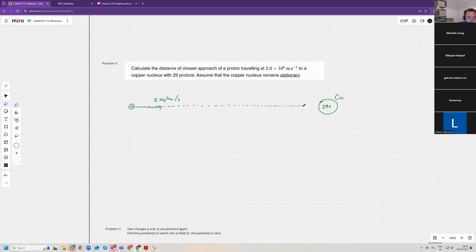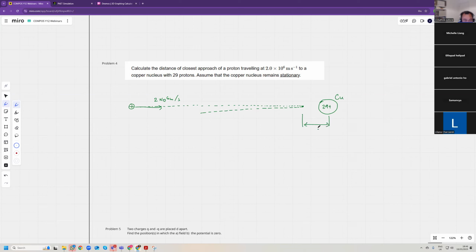It will slow down and eventually stop before accelerating back. This is Rutherford's experiment, although Rutherford used gold atoms. He was shooting alpha particles at a gold atom and they bounced back. And you can calculate the distance of closest approach.